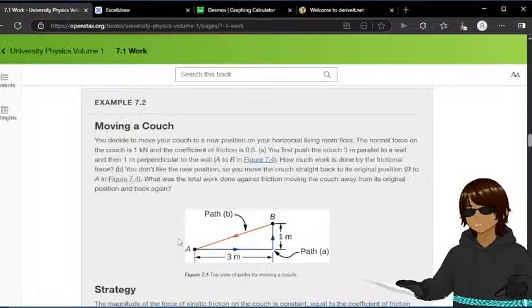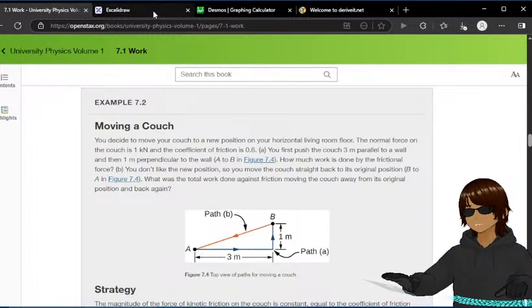You move it 3 meters parallel to a wall and then 1 meter perpendicular to the wall. How much work is done by the friction force? The normal force does no work.